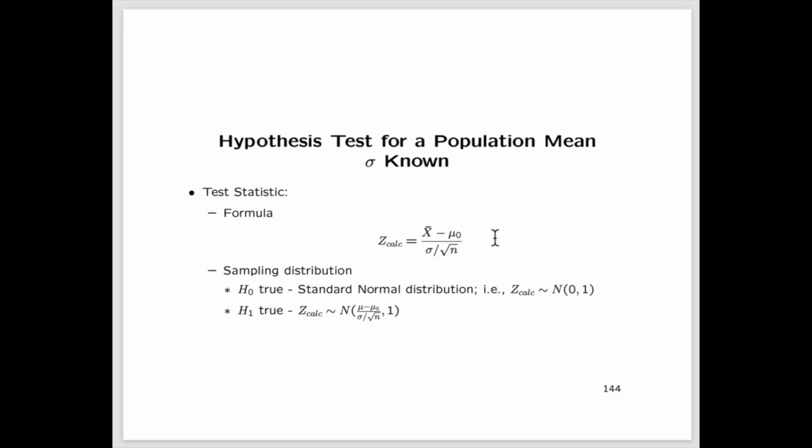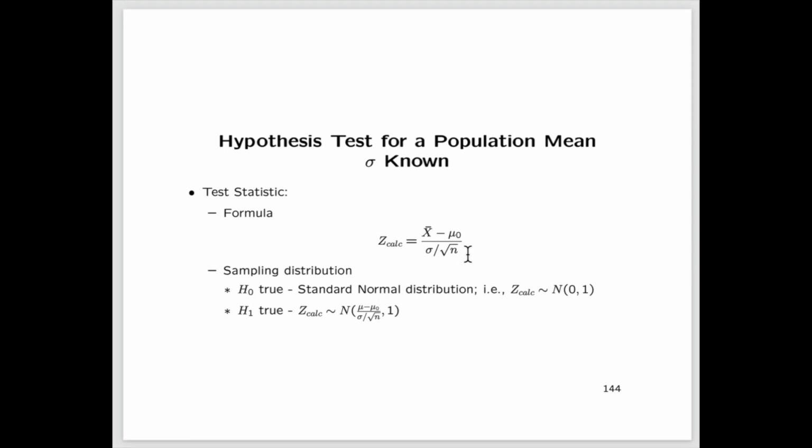The test statistic for the z-test is the sample mean, x bar, minus the hypothesized value of the population mean, and then we divide that difference by the true standard error of x bar, which is sigma over the square root of the sample size.